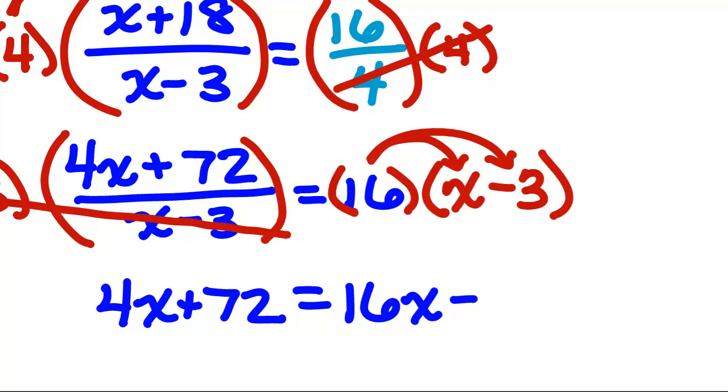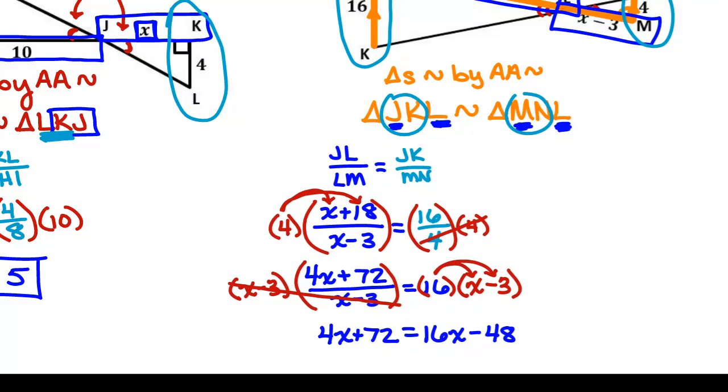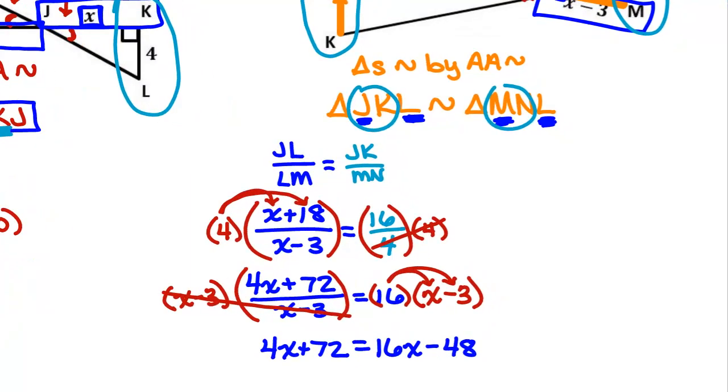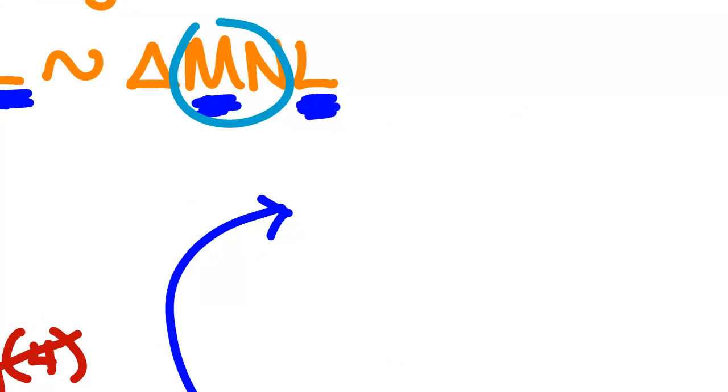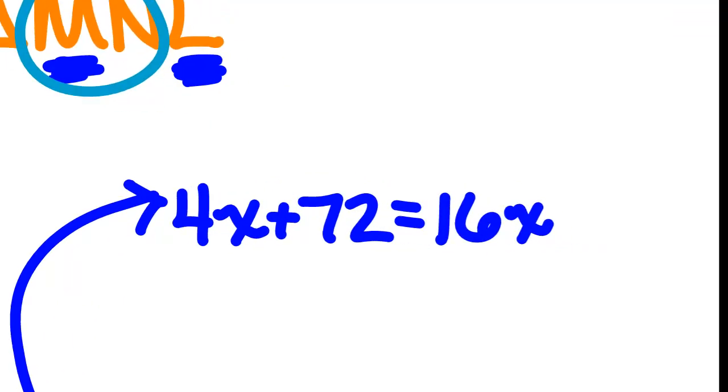How much? 48. 16x minus 48. All right, I'm going to need a little bit more space because I ran out of room at the bottom. So I'm going to bring my work over here. 4x plus 72 equals 16x minus 48.